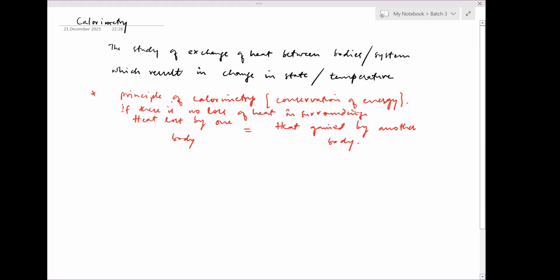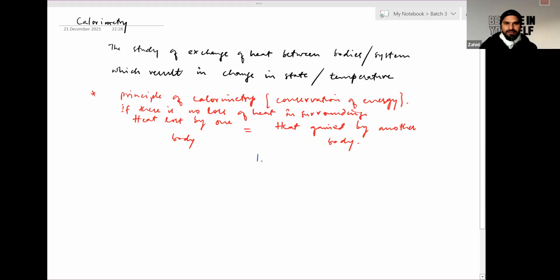Now, for this particular calorimetry, we may define heat in two parts. First, heat which causes change in temperature. It will be of three different types.